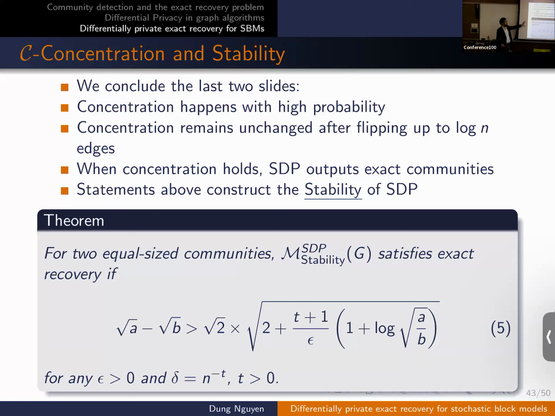So this is how the final theorem looks like. We construct the constant here and the condition here using the constants C1, C2, C3, that are related to epsilon. This is a bit tricky on how to do that, but this is how the final result about the recoverability threshold looks like for the symmetric binary SBM.